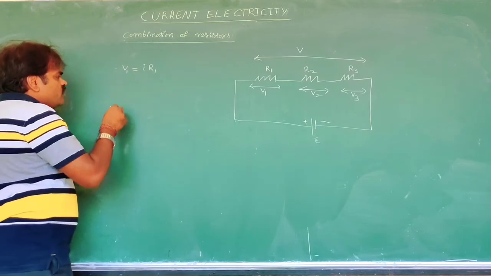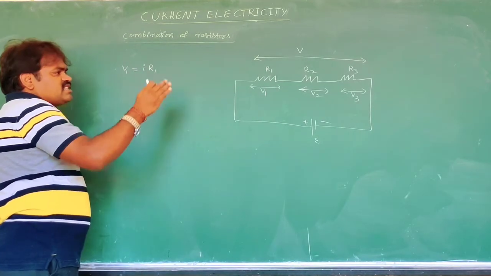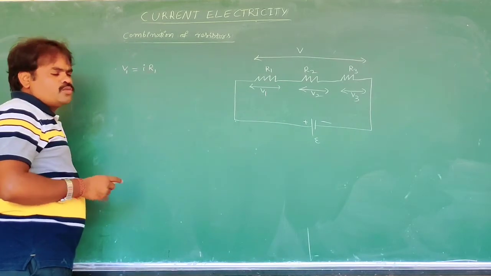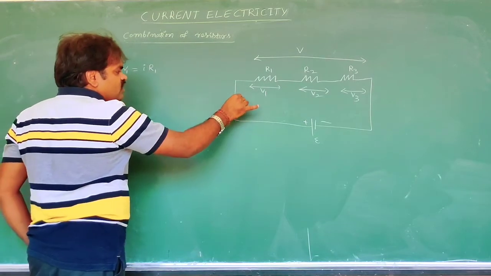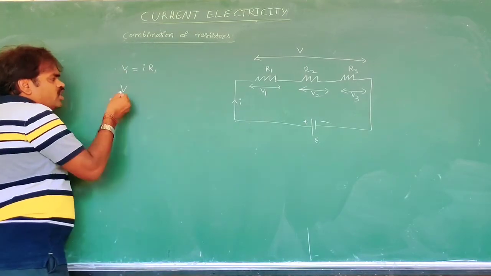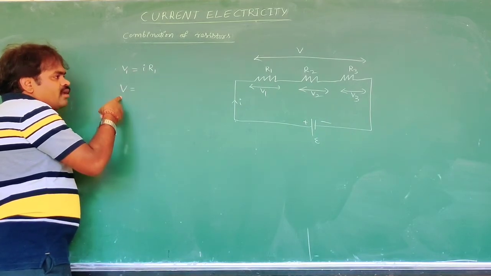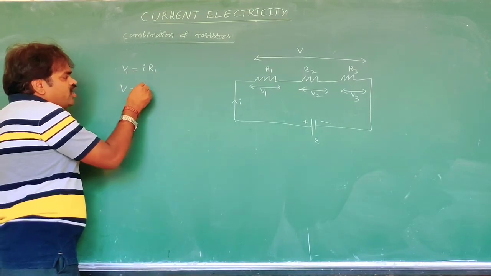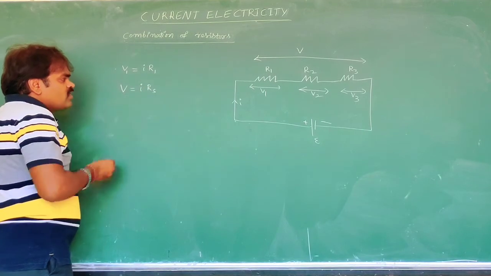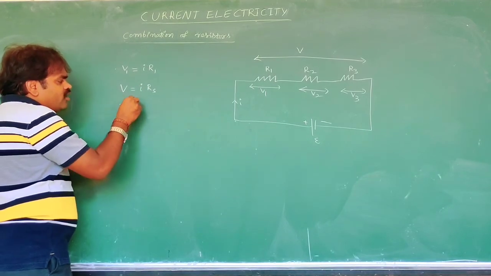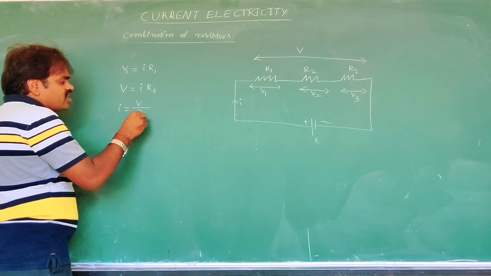But we know that in a series combination of resistors, the current I must be constant. Then the total potential V is equal to I into Rs. Then I is equal to V by Rs.